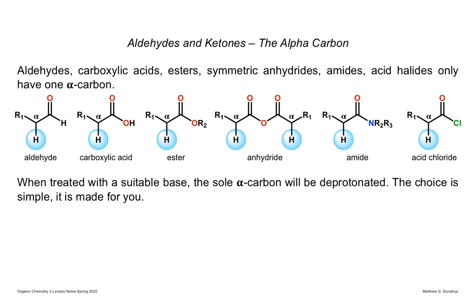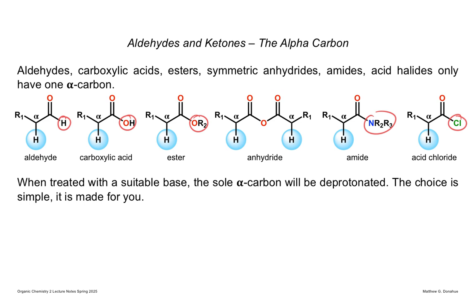This slide is showing you functional groups that only have one alpha carbon. If you look at what's bonded to the carbonyl, I've circled in red those that are not carbons.